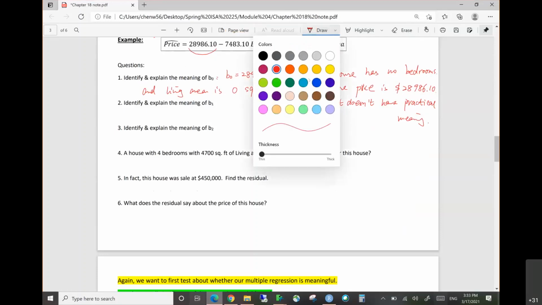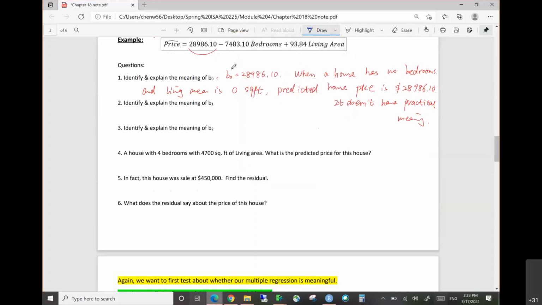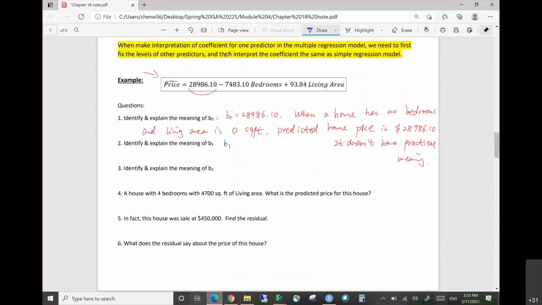All right. So next, what about B1? We say the B1 will be the coefficient for the variable x1, right? So this is x1, this is x2. That means the B1 will be this one, right? So your B1 is negative 7483.10.